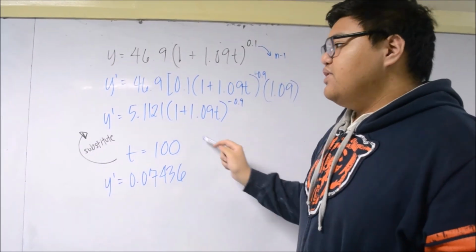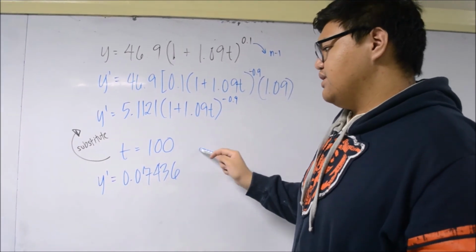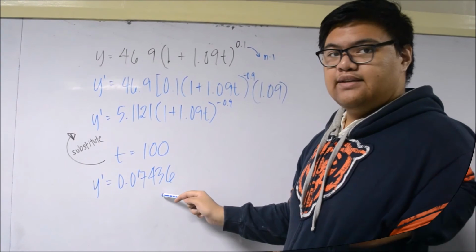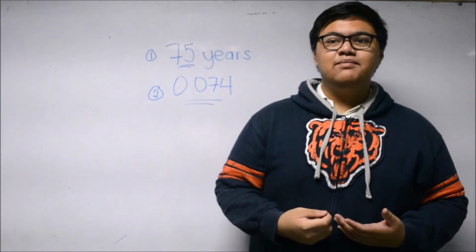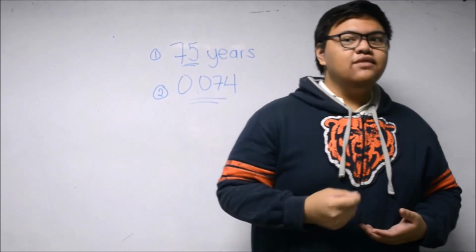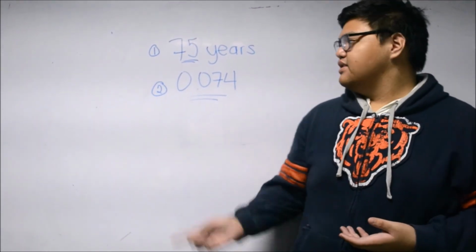So we will use the value t equals 100 for the beginning of 2000 and the answer will be 0.07436. We can now conclude that a male born at the beginning of 2000 could live 75 years and the rate of change of life expectancy of a male at the beginning of 2000 is 0.074.